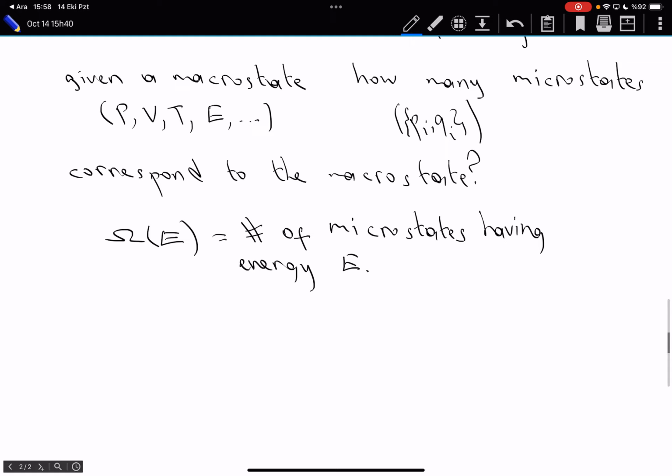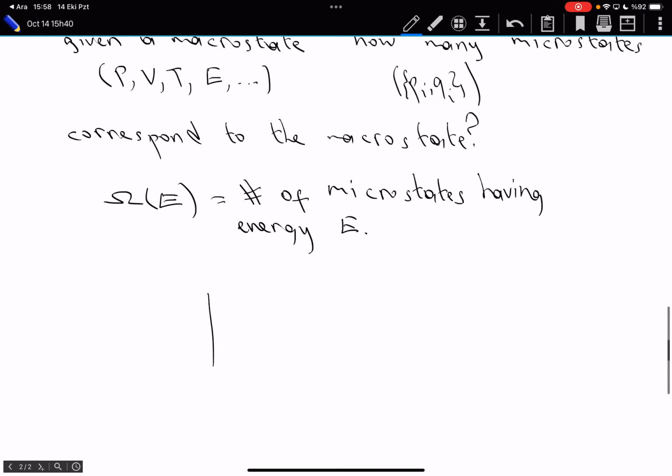Of course, the first problem we are facing is, in the first week we discussed that eventually we would like to calculate the thermodynamic properties like the temperature, the entropy, the free energy, etc. So how can we relate this to our thermodynamic properties? Now, let's look at a system made up of two parts.